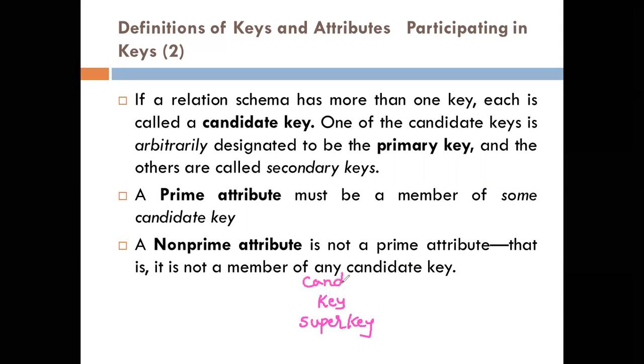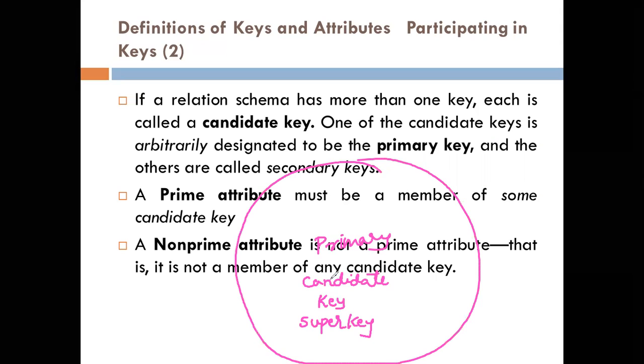Then we'll have the primary key. If we represent it as one big circle, then the key like this, then candidate key and primary key, each another circle inside. So the outer one is the super key, then the inner one is a key, then we have a candidate key, and inside it is a primary key.